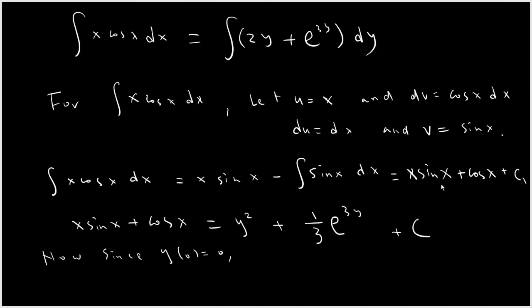On the left hand side, we have 0 times sine of 0 plus cos of 0, equals, y is 0 too, so we have 0 squared plus 1/3 of e to the power of 3 times 0 plus c.